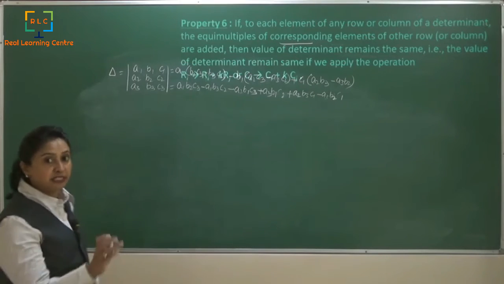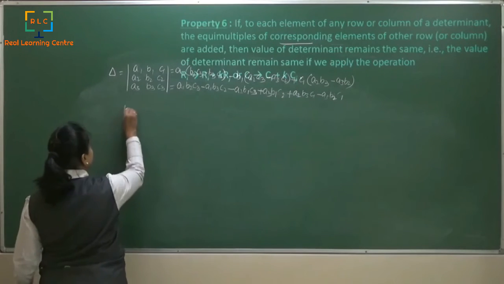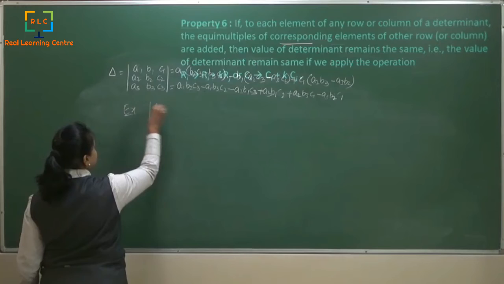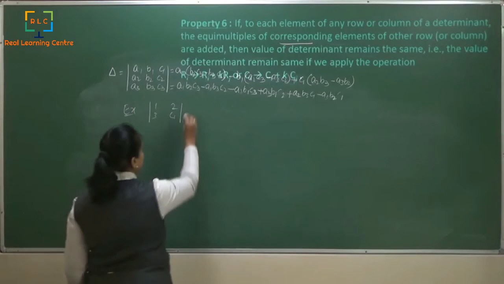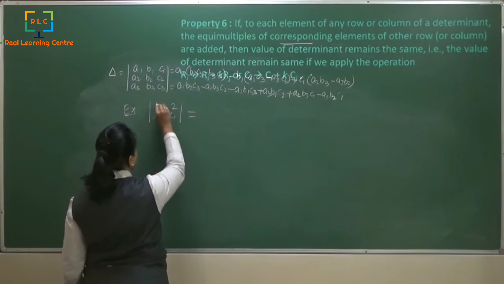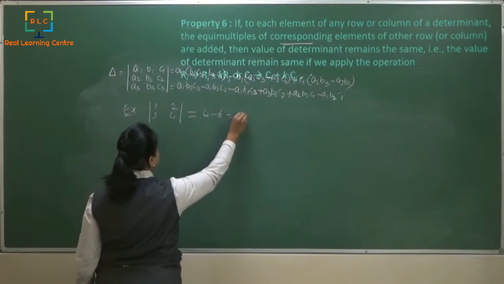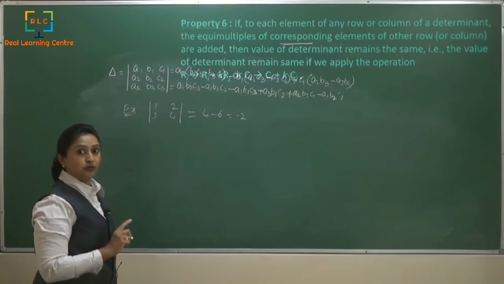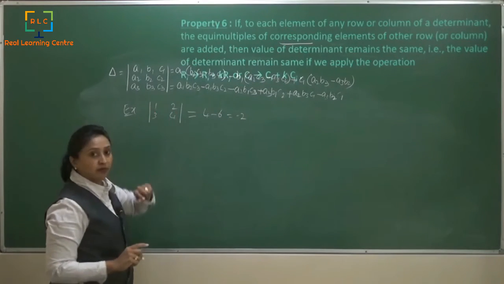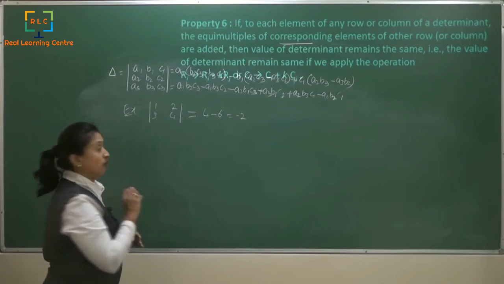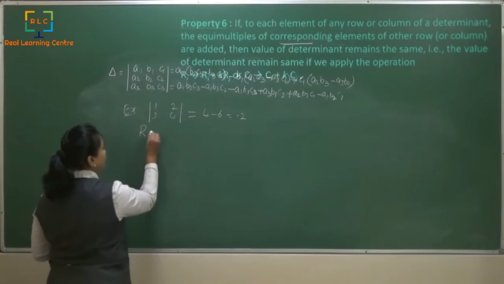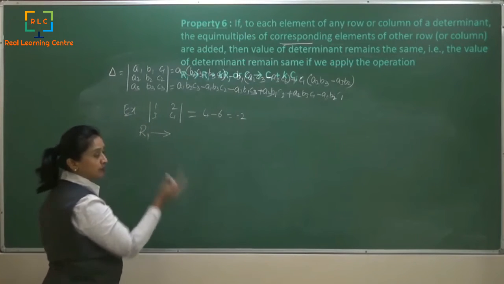This is so amazing. I will give you a numerical example. See, I will say 1, 2, 3, 4 and I will expand the determinant: 4 minus 6, which is equal to minus 2. Now what I will do, I will add row number 1 with multiples of 2 of the second row. I will write like this: R1 I am transforming.